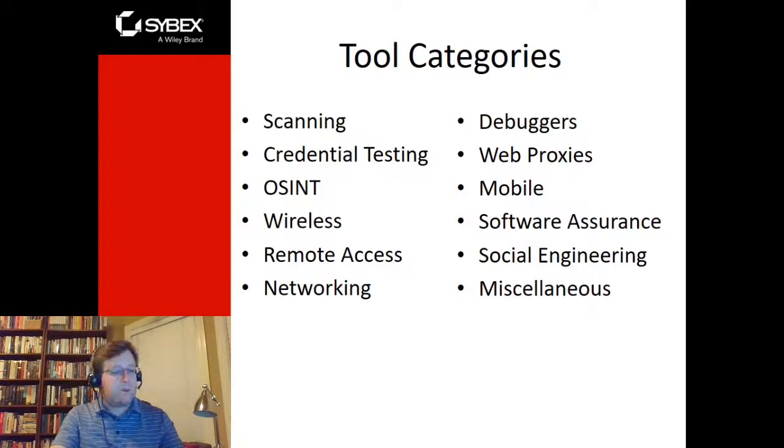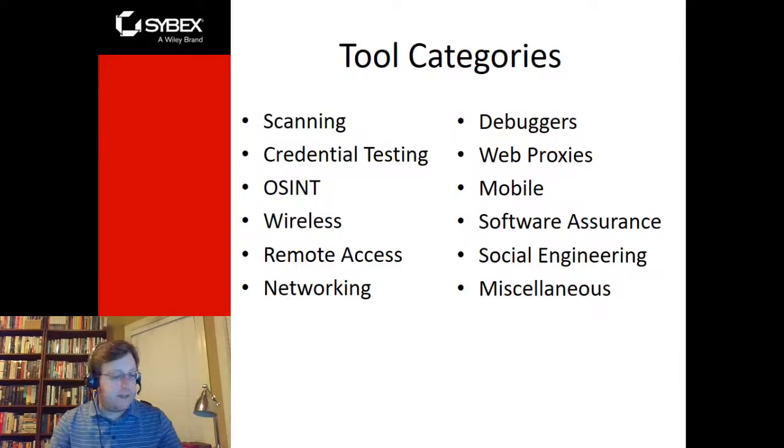There are a couple of those that you should be familiar with, and we'll get to those in Chapter 9. Software assurance has the same sort of thing, and we'll talk about it in Chapter 9. Software assurance is generally a way of trying to make sure that software is written to certain standards, and if you know what those standards are, it's going to help you exploit it in some way.